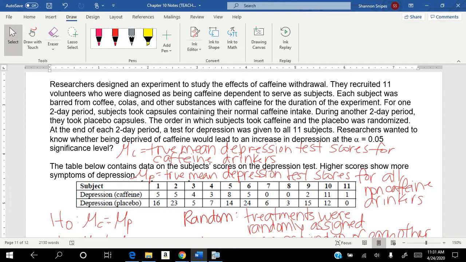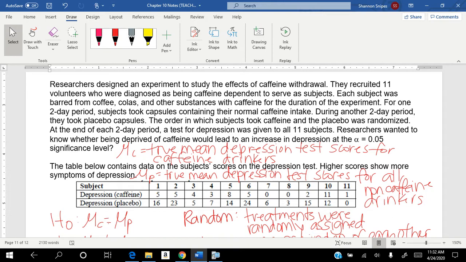We're going to let mu sub C be the true mean depression test scores for the caffeine drinkers, and mu sub P be the true mean depression test scores for all non-caffeine drinkers. Remember, one of the errors that students make when defining the parameters is they make the parameters appear to be talking about the two samples. So you want to make sure you use language like for all caffeine drinkers, for all non-caffeine drinkers.